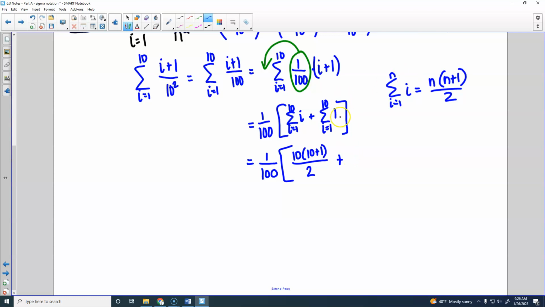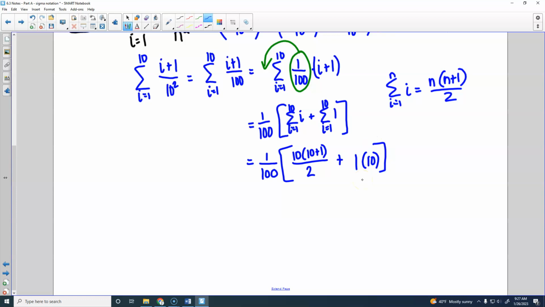When I have a coefficient, like a constant right here, I don't have a variable, what is my shortcut rule there? That number times n, which is 10 here. So it would just be 1 times 10.